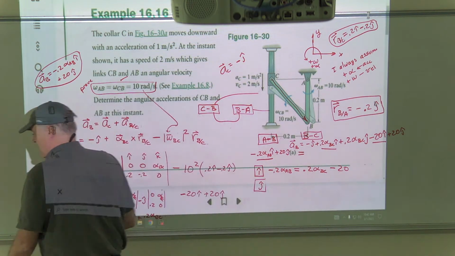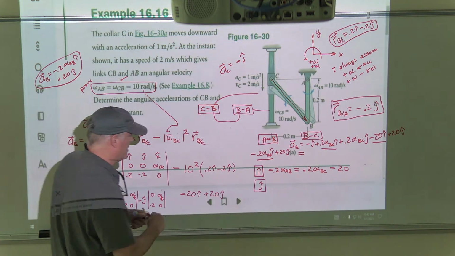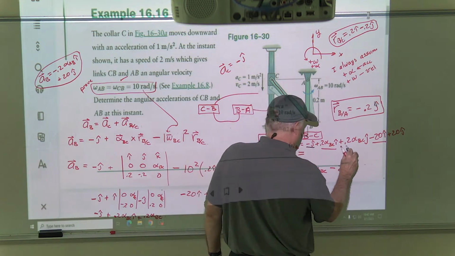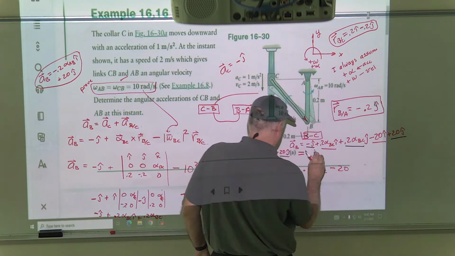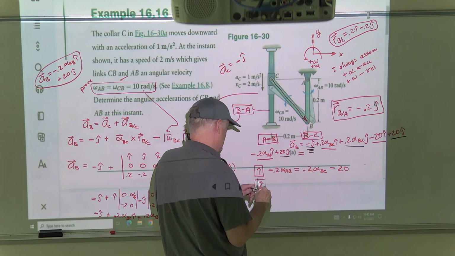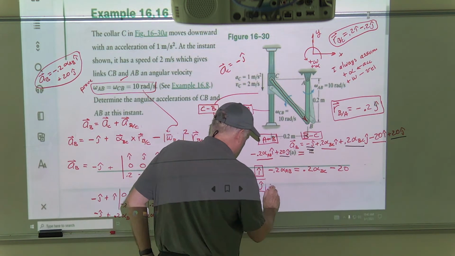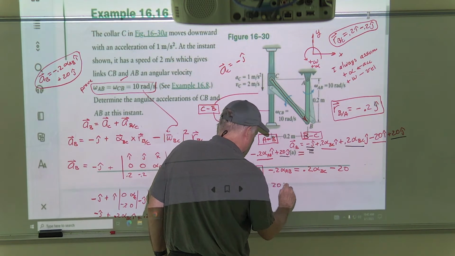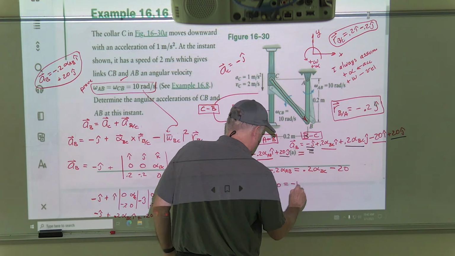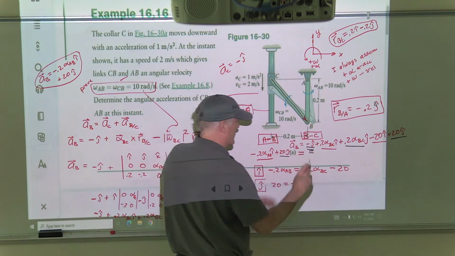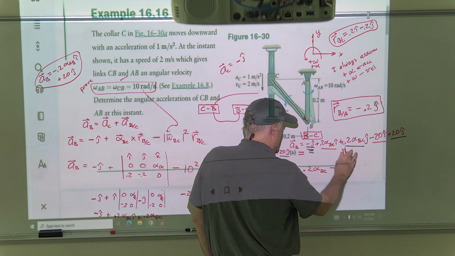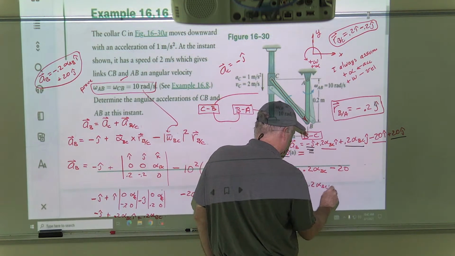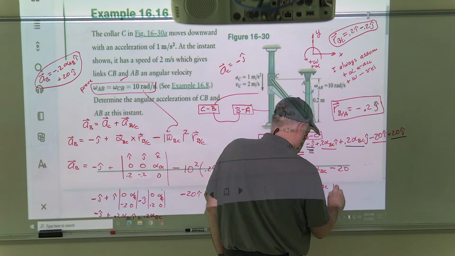That would be this one, and this one, and that one, and that one. Here we get the extra one, but it's okay. Okay, so on the left hand, I get a 20 equal to minus 1, so I can just move that over, but not yet. And then the one here plus 0.2 alpha BC, and then plus 20.